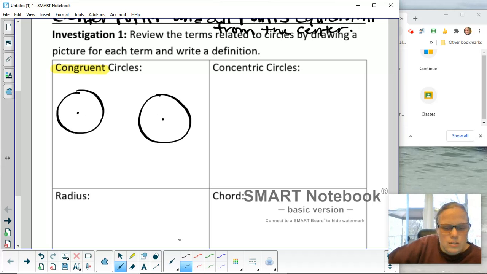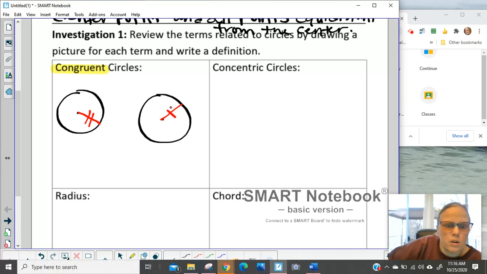So I need to use some sort of marking to show that I meant for them to be the same. And what we're going to do is mark out how long the radius is. So a radius, remember, can go any direction from the center out to the edge of the circle. And because I want them to be congruent, we're going to use hash marks on that radius. So as long as my hash marks are the same, it's representing two equal radii. And if the radii are the same, then the circles are the same.